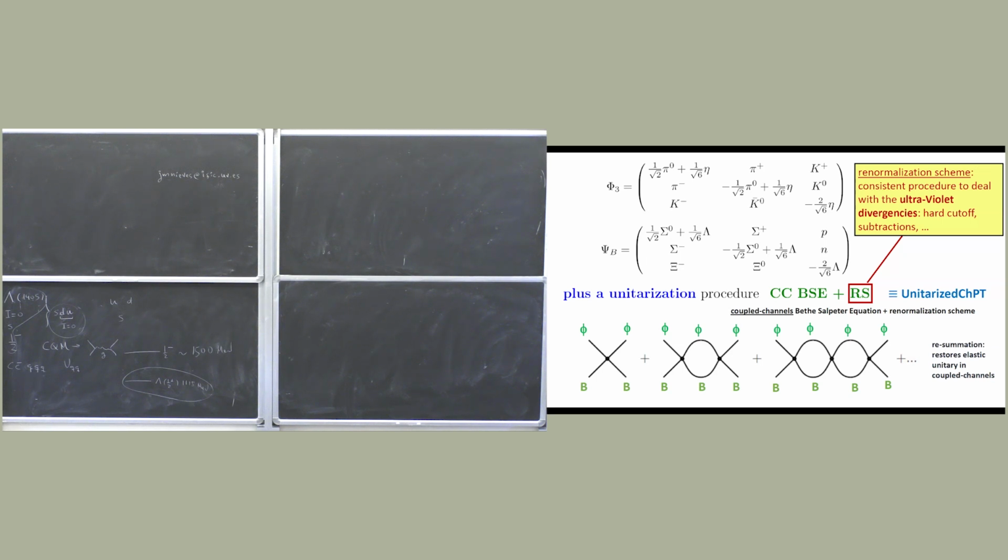Why? Because it cannot decay through a strong interaction. The ground state is not stable because it has a weak decay.